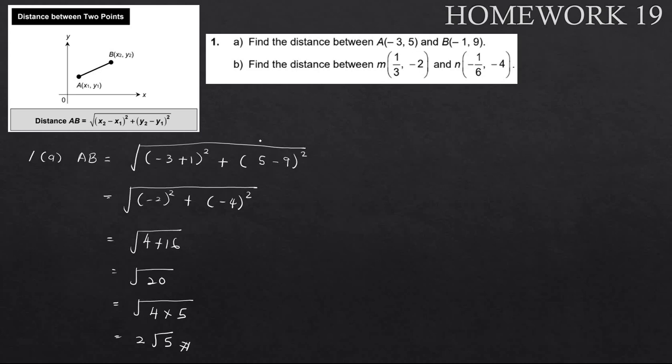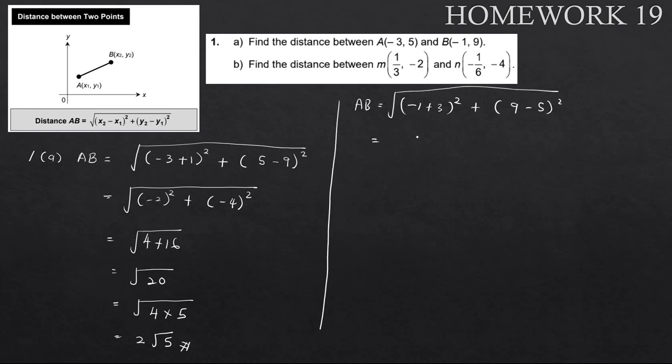Or you can also do it the other way around. Distance from A to B. Just now we did point A minus point B. Let's say we change the direction, and this time we do point B minus point A. So (-1 plus 3) squared plus (9 minus 5) squared, everything square root.